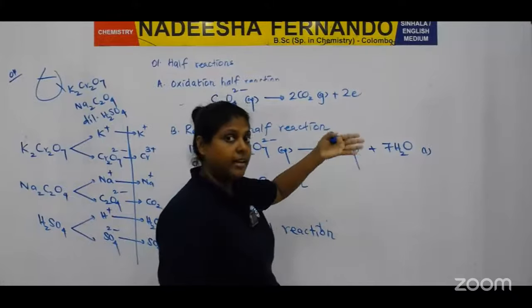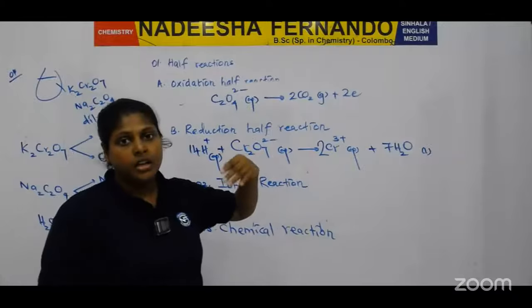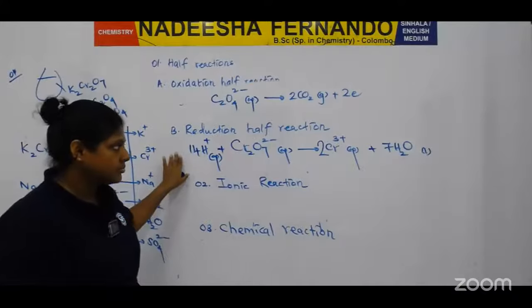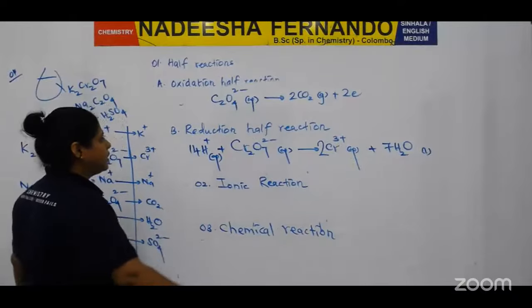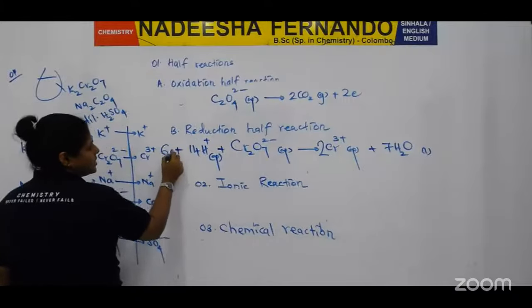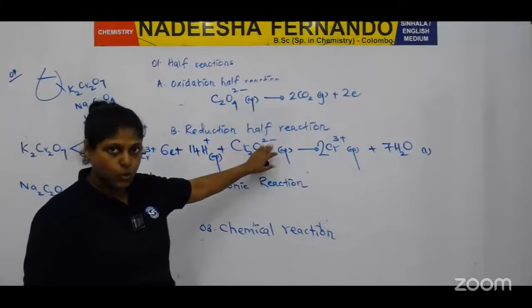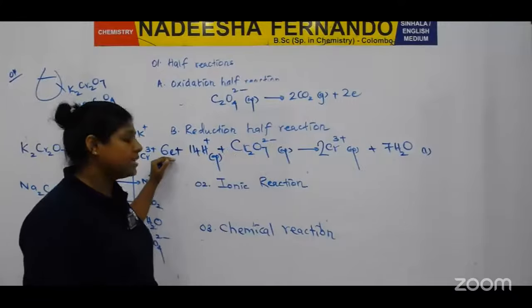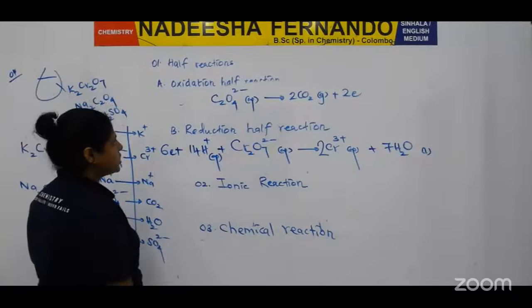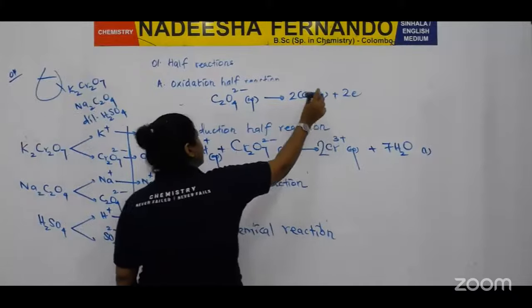So we can add electrons to the side where positivity is high. So this side is the positivity greater. Therefore, to get 6 and 6, we need to add 6 electrons here. Plus 14 minus 2 plus 12, plus 12 minus 6 plus 6. Ionic reaction: here 6 electrons, here 2 electrons.